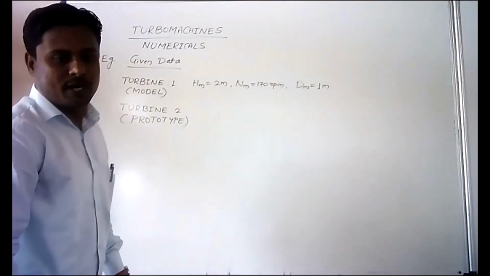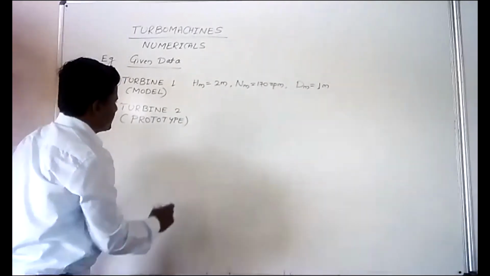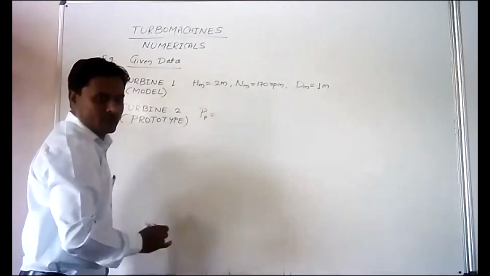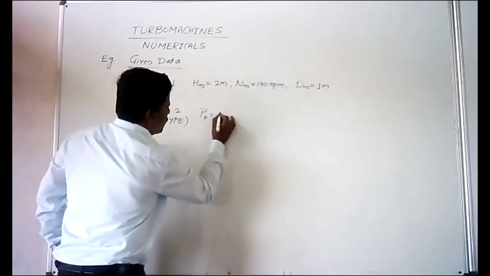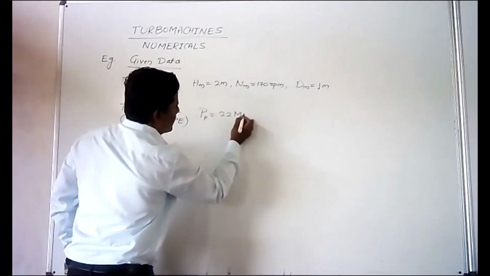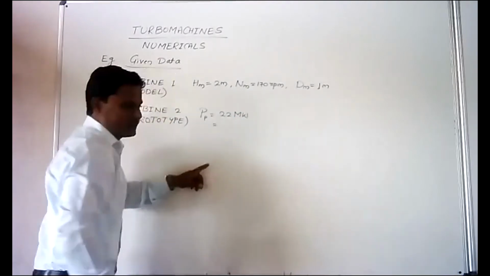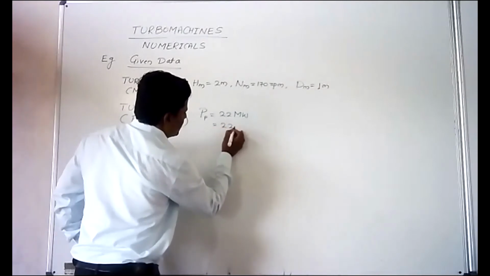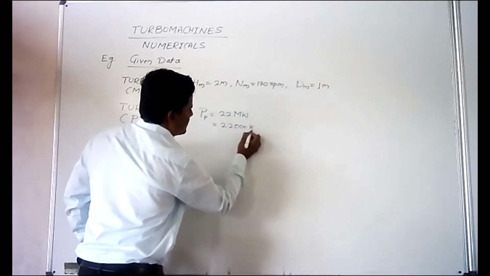The prototype develops 22 megawatts, Pp equals 22 megawatts. You can write it in terms of kilowatts as well, 22,000 kilowatts.